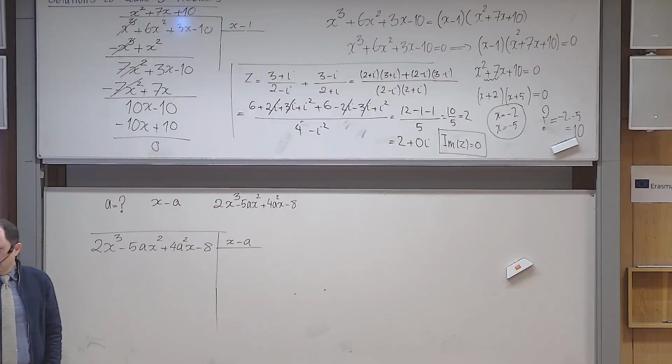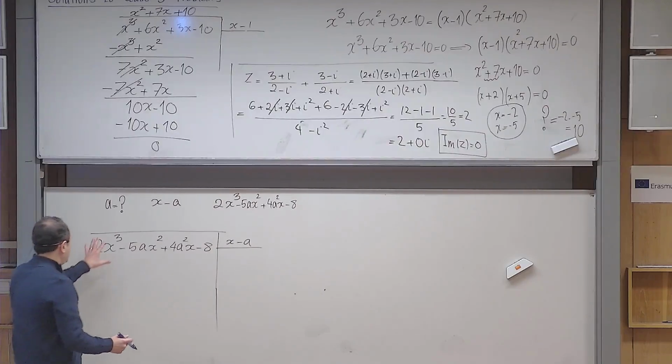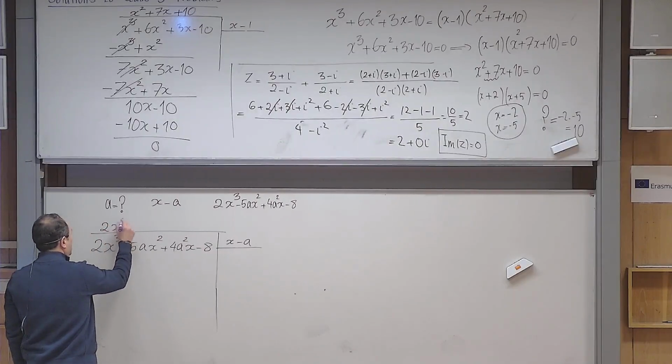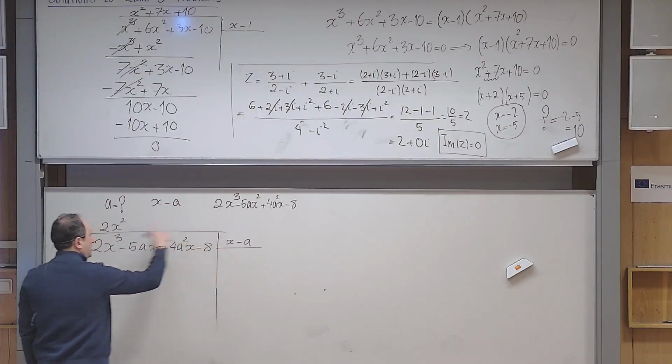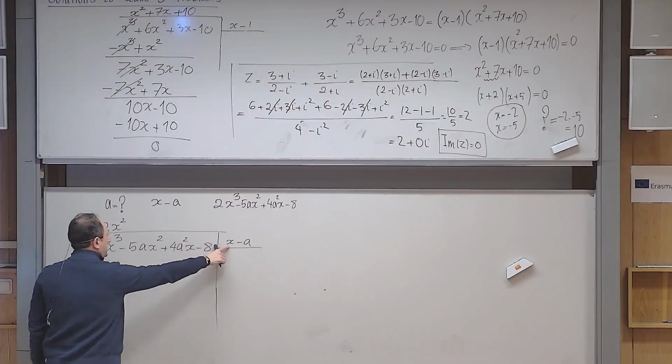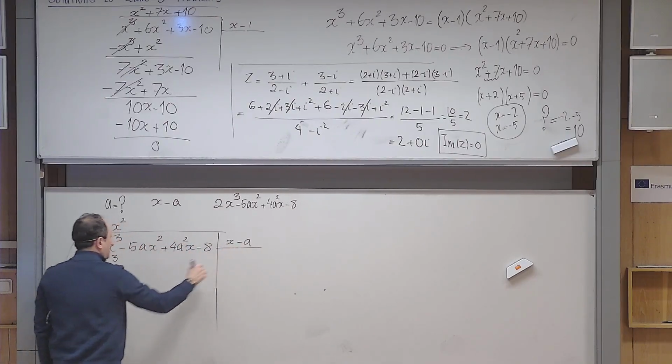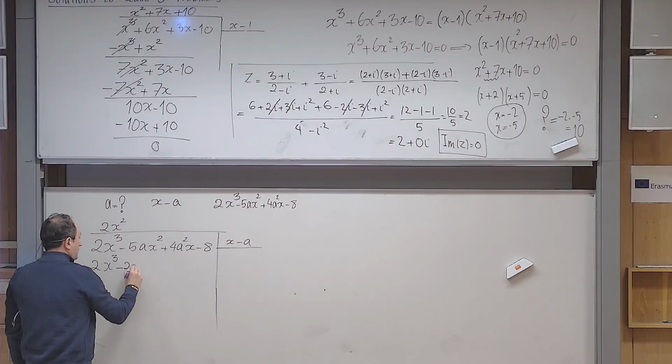Okay? So let me see if I have written everything right. Yes. So let us do the division. I take the first one divided by the first one, so it becomes 2x squared. I multiply this there and I change the signs. 2x squared times x is 2x cubed. I change the sign. I multiply 2x squared by minus a. It becomes minus 2ax squared, but I change the sign.